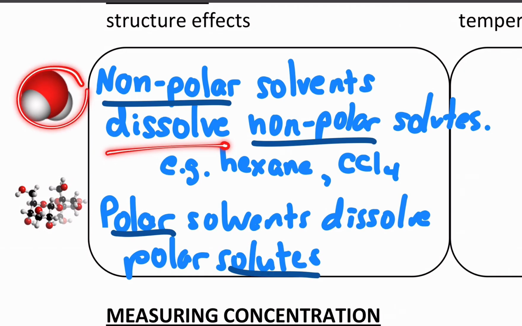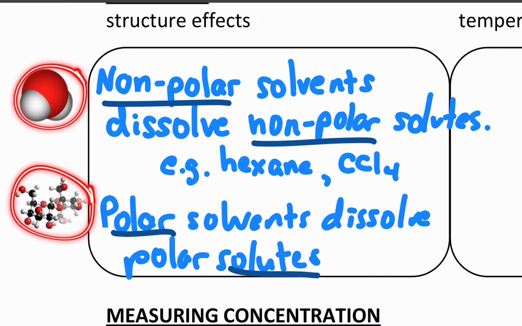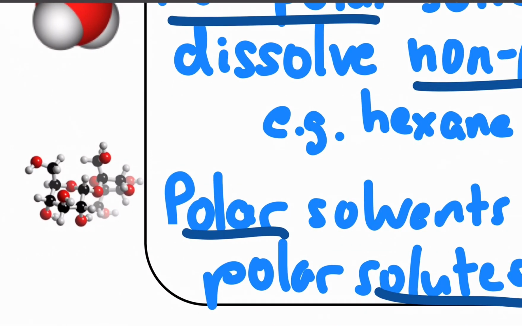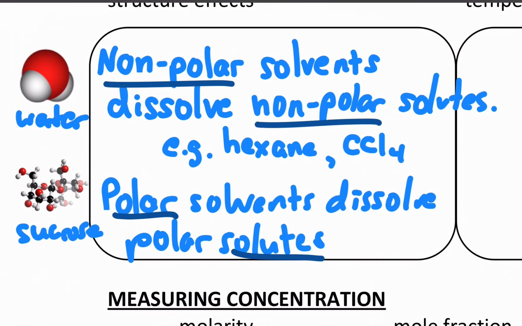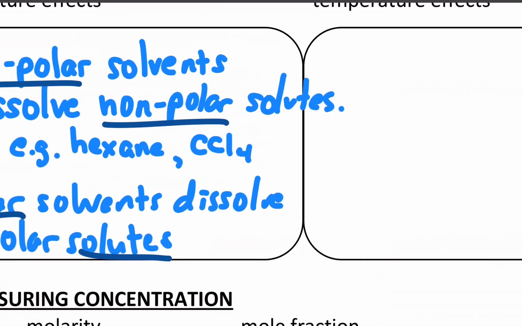So a polar water molecule, also a hydrogen bonding capable water molecule, can form favorable interactions with a sugar molecule. That's what this is over here. This is a sucrose molecule, and up here is a water. Because they can form similar intermolecular force attractions, they dissolve each other quite well.